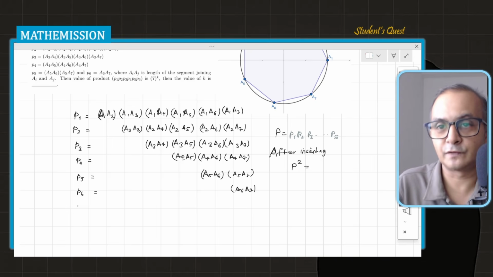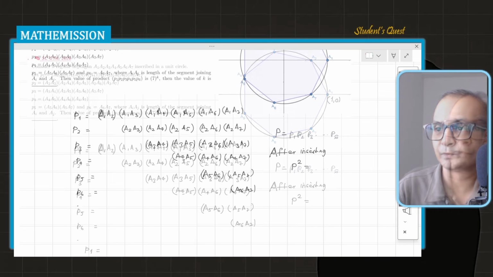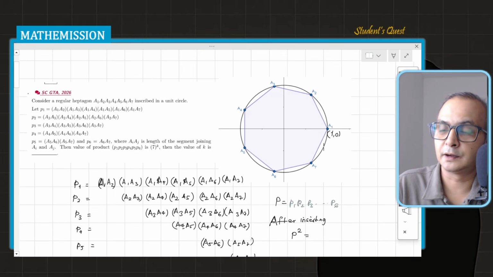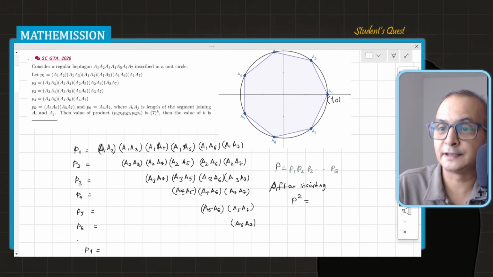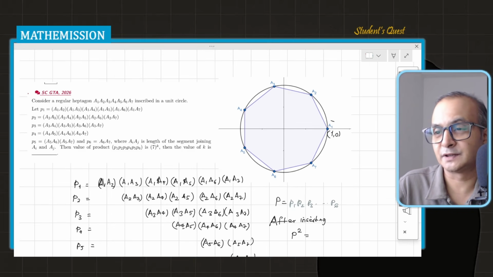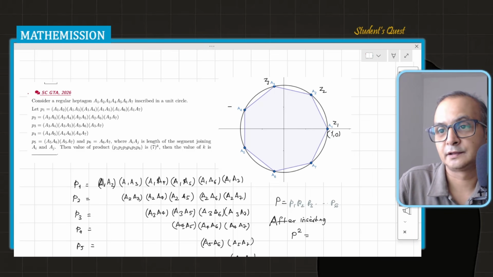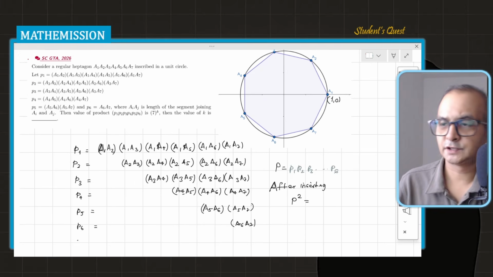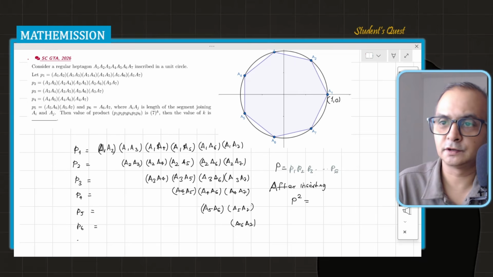So let's find out the first row what we are getting. The vertices can indicate different complex numbers. Let's say I have this complex number Z1, this is Z2, Z3, Z4, Z5, Z6, and Z7. Let us consider that these are the seventh roots of unity, in which the first root is 1.